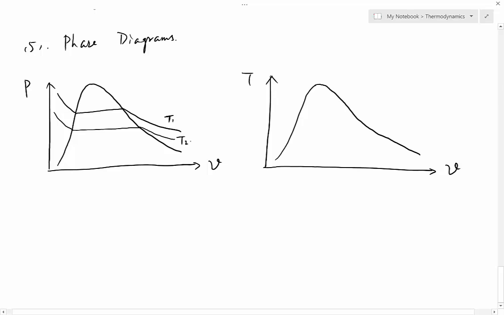Every point on the top line must have the same temperature, which is T1, and every point on the bottom line must have the same temperature, which is T2. And the rule is T1 is greater than T2. The higher the constant temperature line is, the higher the temperature it represents.